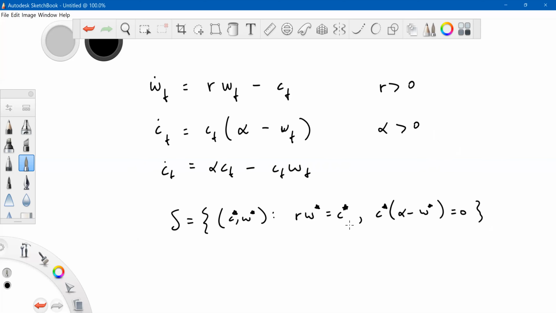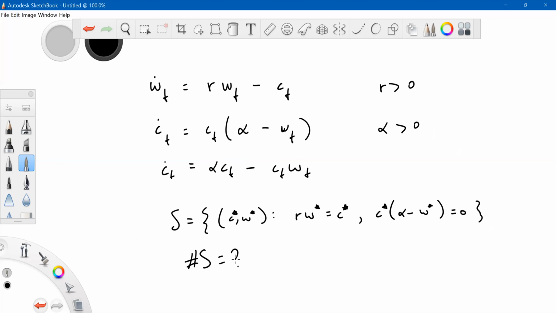So how many steady states do I have? The number of elements in S. Think about it.